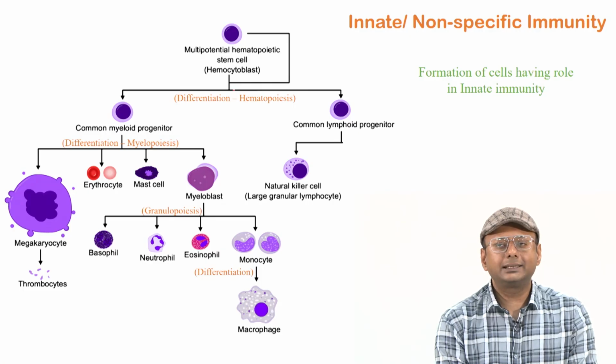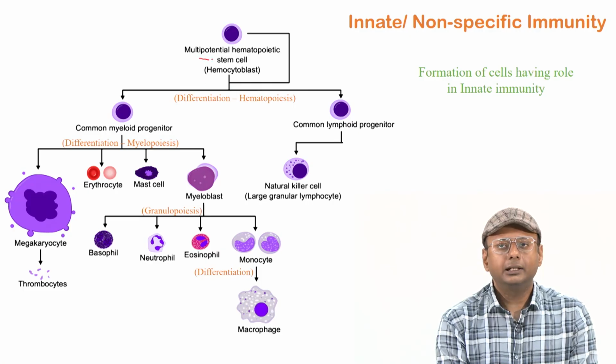So, how these cells generate: you can see initially there are multipotential hematopoietic stem cells or hemocytoblasts, and by the differentiation process they can generate either the myeloid progenitor or the lymphoid progenitor. From the myeloid progenitor further differentiation can happen.